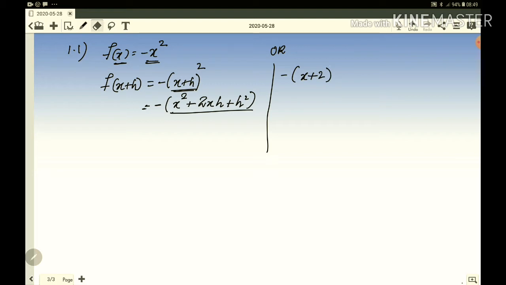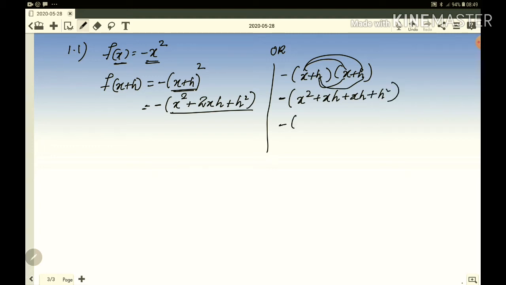X plus h, then x plus h. Then minus still there, maintain the bracket, then open it: x times x, x square, x times h, xh, then h times x, again xh, then h times h, h square. I hope all of you know that one.